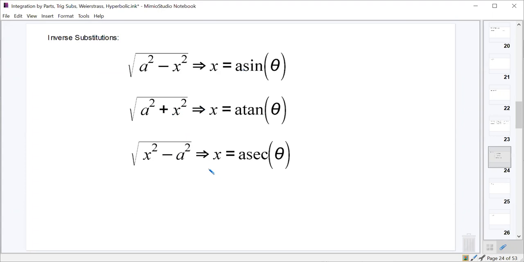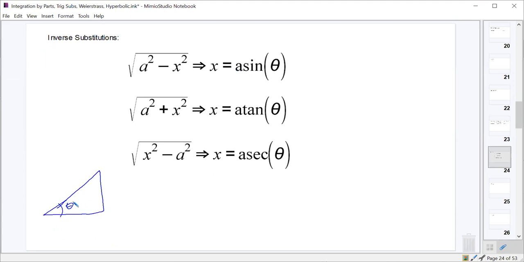let's first off talk briefly about why we can make these substitutions and why it helps and why it works. And it works because of trig functions. So let's think about just the first one here. Here's theta with a right triangle. If x is equal to a sine theta, I should really draw this triangle up a little higher so I have room to write.